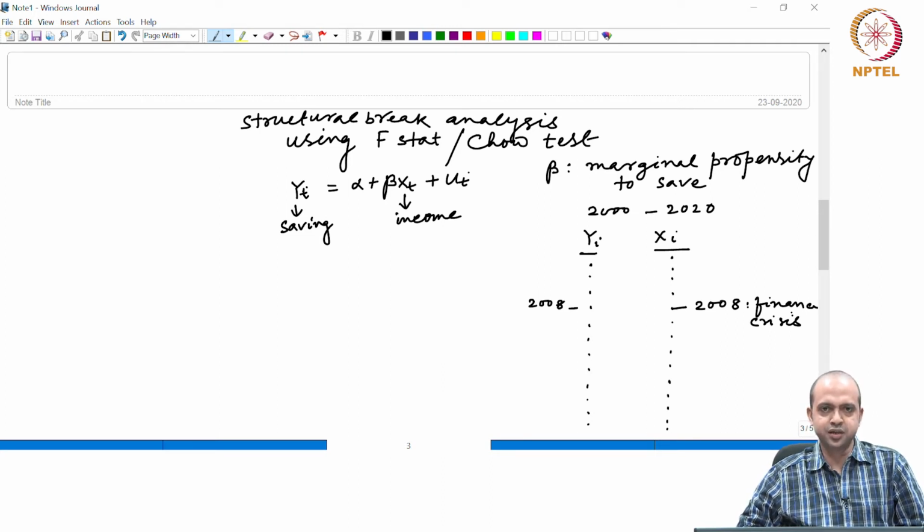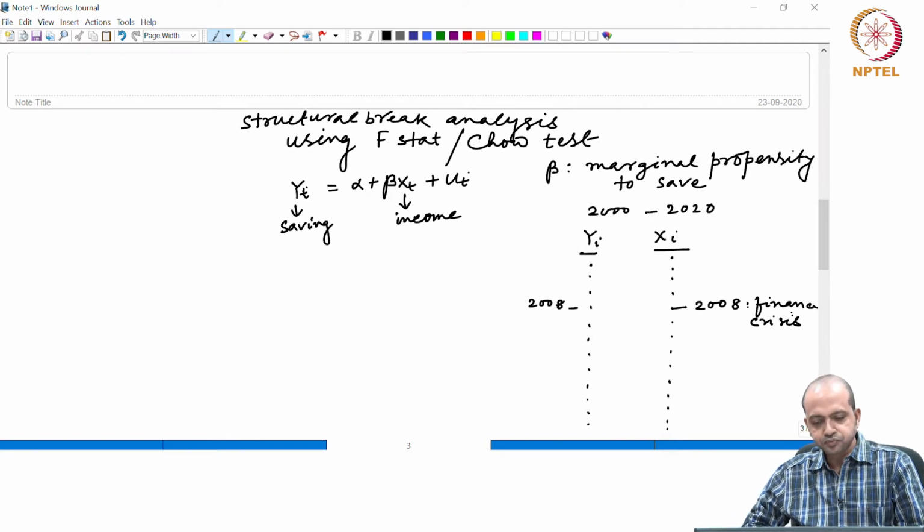I am hypothesizing that the saving income relationship post financial crisis is quite different from the saving income relationship pre financial crisis. So, that means the saving income relationship from 2000 to 2007 is quite different from that from 2008 onwards, post financial crisis.